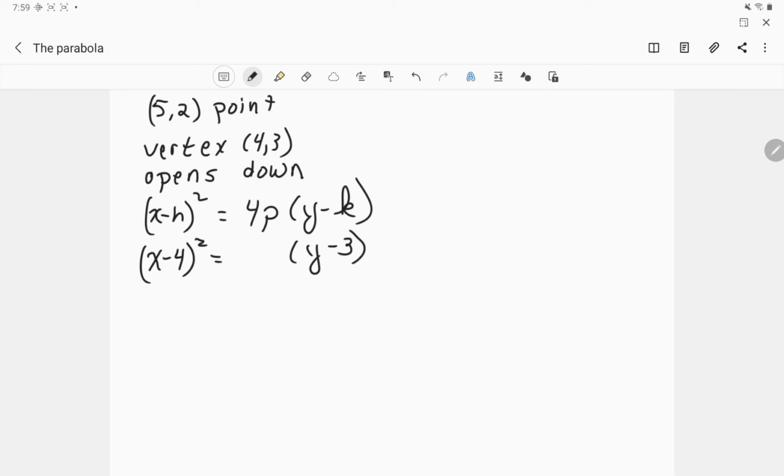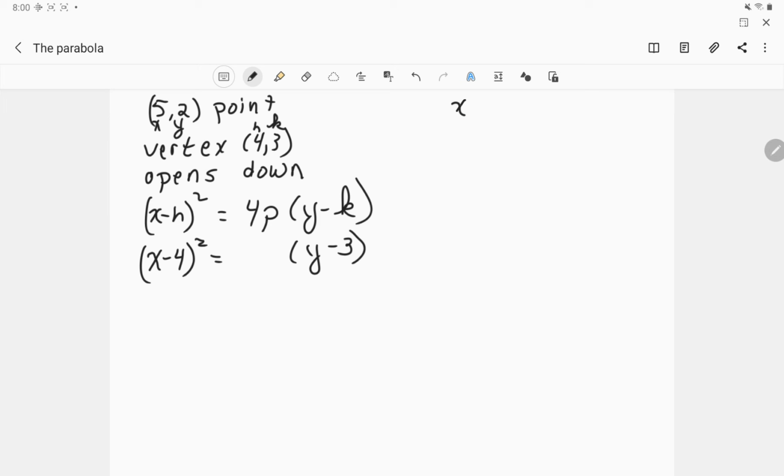The question that I have is about that p. What is the p? So this I actually don't need to draw, because the reason why they give me this point is my vertex is an h and a k. A point is an x and a y.